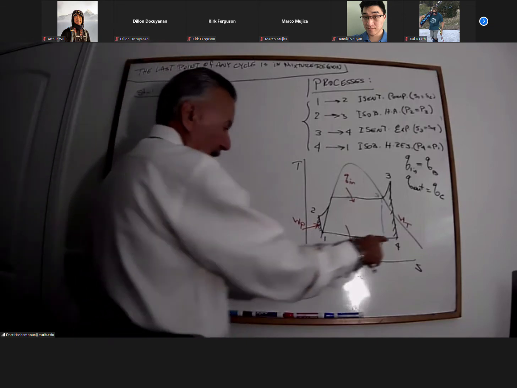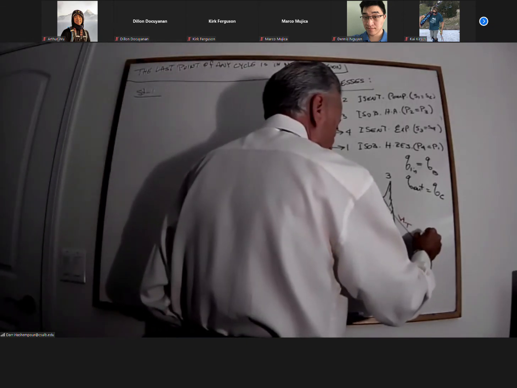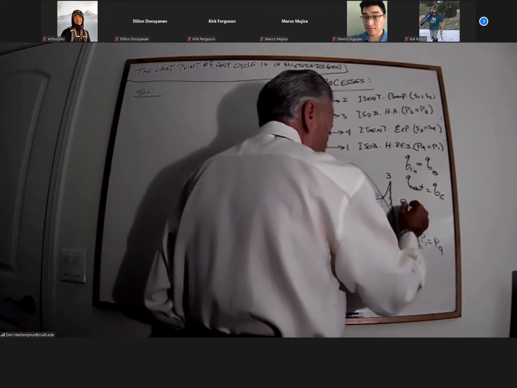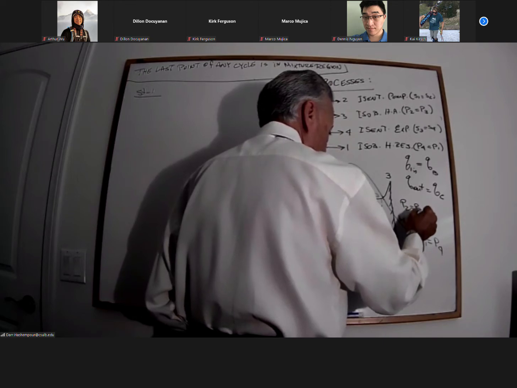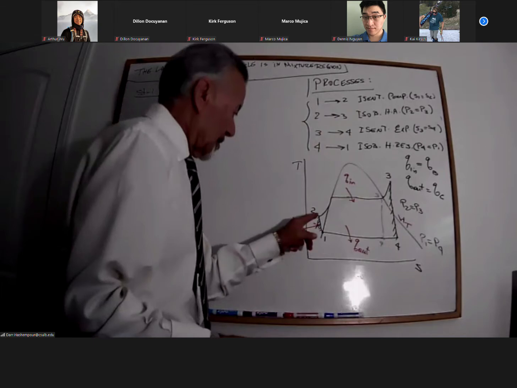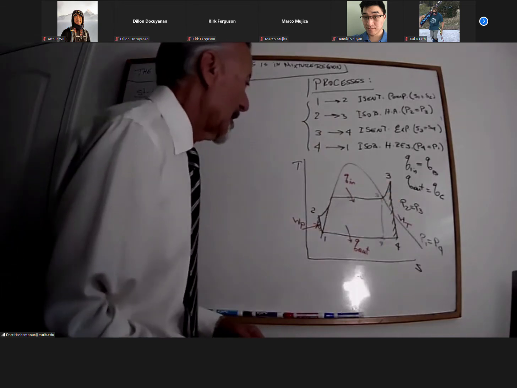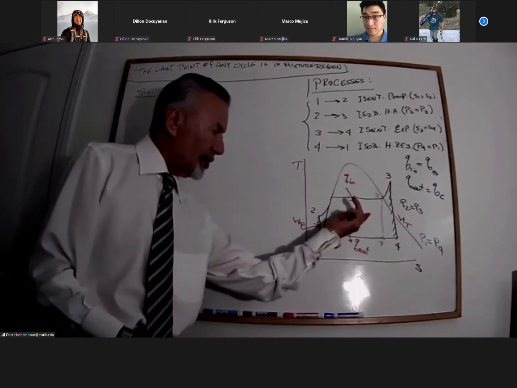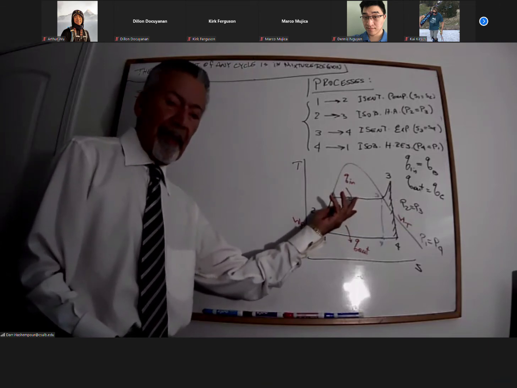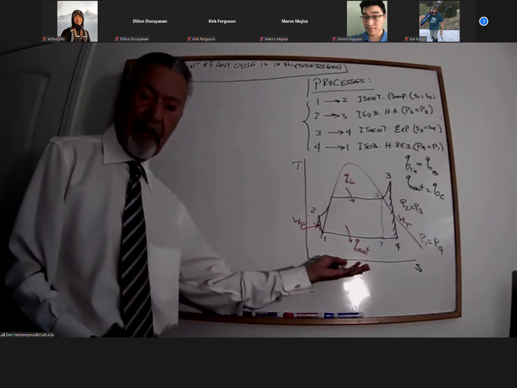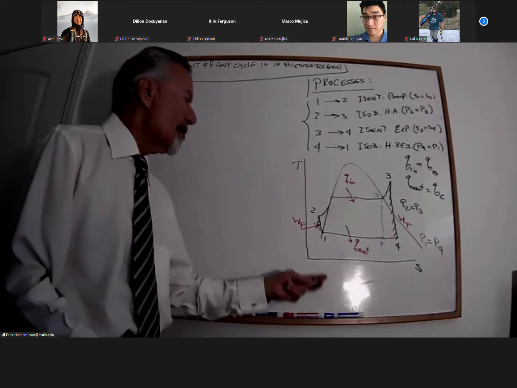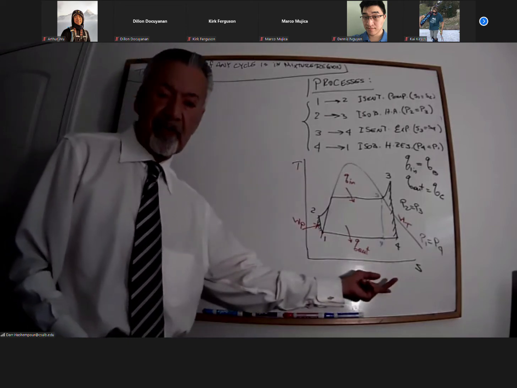Now, keep in mind, in this scenario, we have P1 equal to P4, and we have P2 equal to P3. Don't forget that, constant pressure. It doesn't look like it, and the reason is that this is three-dimensional. The third dimension is the pressure, which you don't see here. We're trying to show it in a two-dimensional graph, which shows the two dimensions that we need to know.